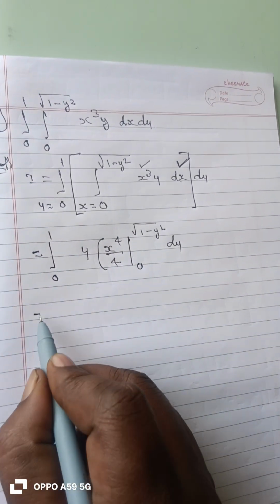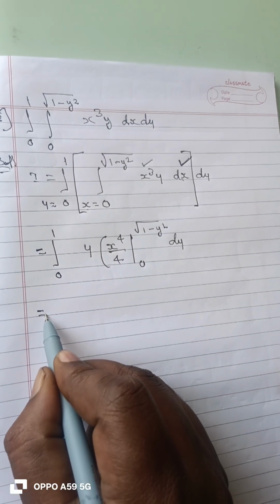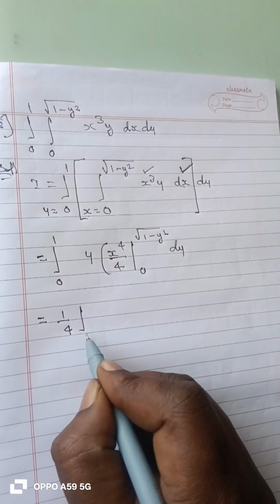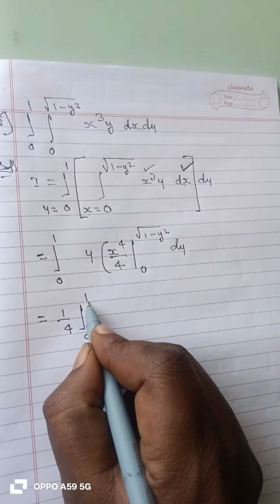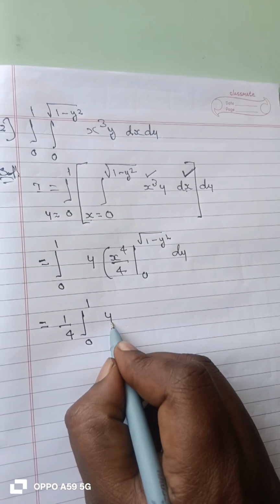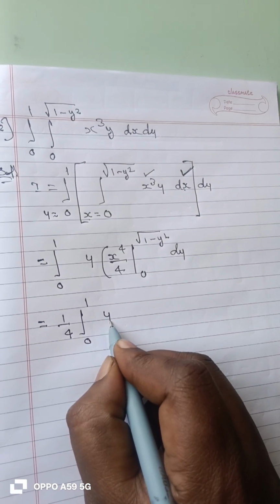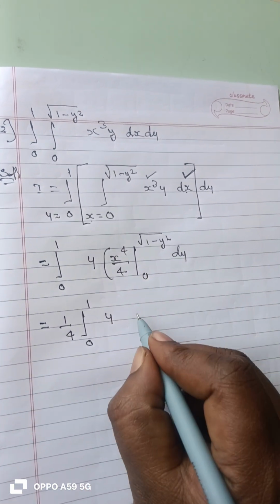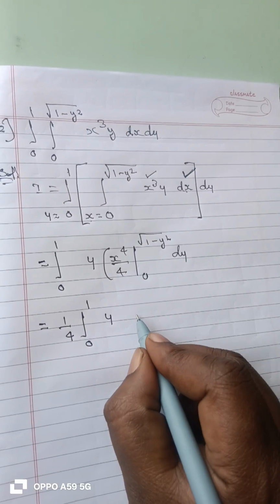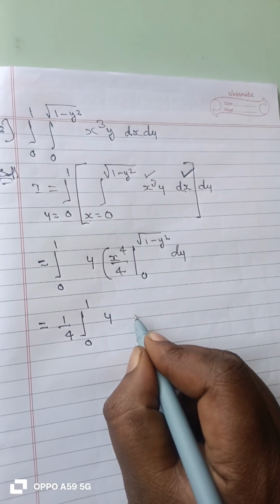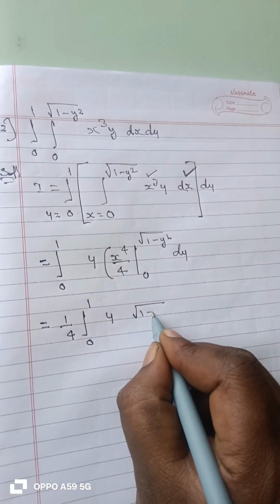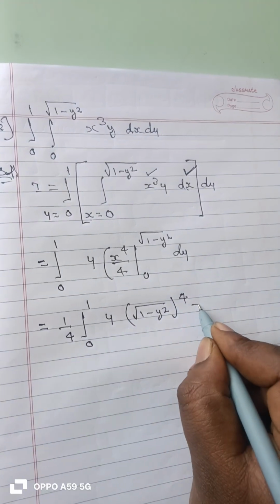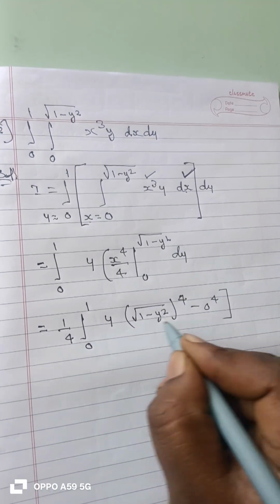Now if you substitute the limits for this, let us check what will happen. 1 by 4 can be put outside as a constant, 0 to 1, y will be there as it is. Next you can observe here, in the place of x we have to substitute the upper limit minus lower limit. The upper limit will be square root of 1 minus y square whole to the power of 4, minus 0 to the power of 4.